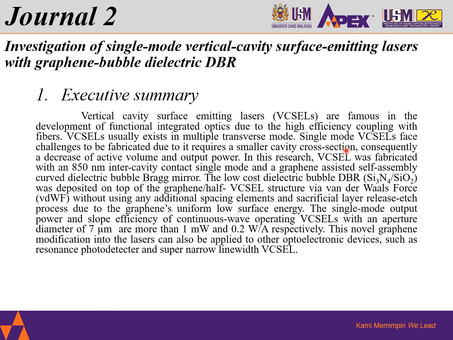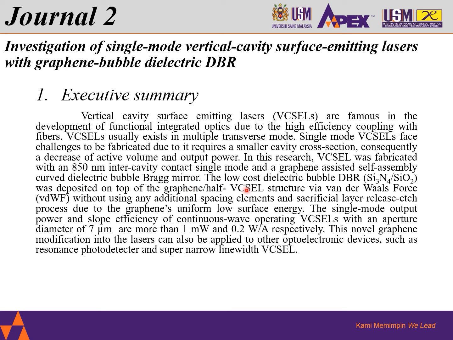Single mode VCSEL faces challenges to be fabricated because it requires a smaller cavity cross-section, and consequently a decrease of active volume and output power. So in this research, a VCSEL was fabricated with an 850 nanometer intracavity contact single mode and a graphene-assisted self-assembly curved dielectric bubble back mirror.